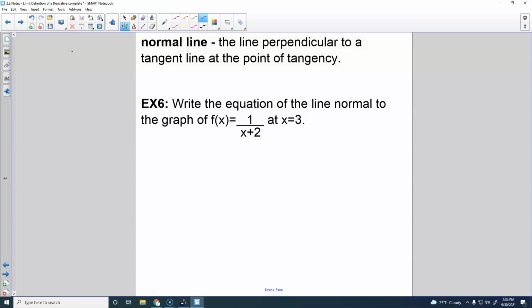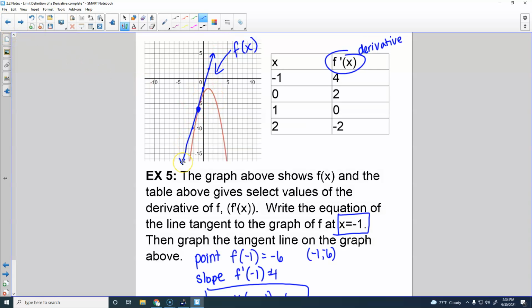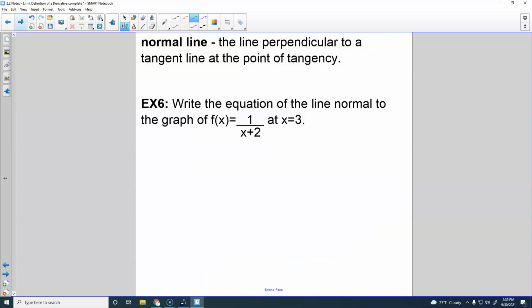So, if I go back over here to this last one, this is my tangent line. The normal line would have looked something like this. That'd be a right angle. I didn't draw it perfectly. But it looks something like this. So there's just one tiny step that's different. If they ask for a normal line, it's mostly going to be the same. Alright, so I have to write the equation of the line.